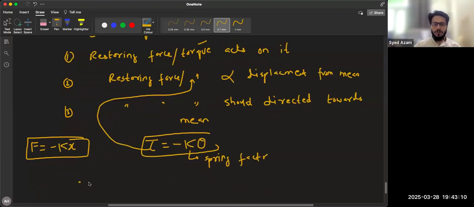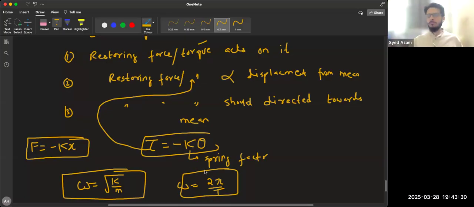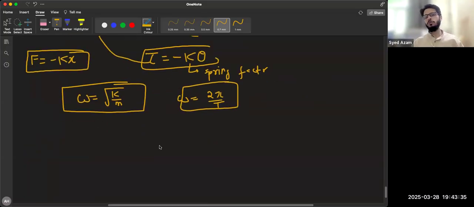Once you have this equation, you know k, you can calculate omega. Omega is root over k by m. And omega is related to time period also. Omega is 2 pi by T. So this was the basics of SHM. Now see how we'll use this SHM for the dipole.